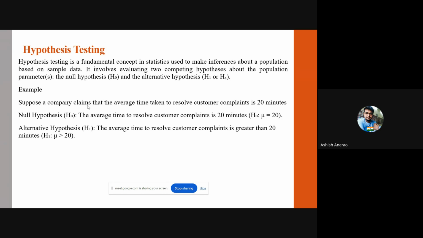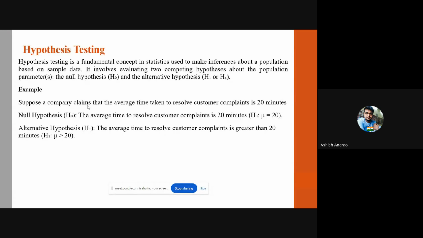So in this problem, what do researchers do first? They collect some samples of people who had complaints and gave them to the company. They ask those people how much time was required to solve their complaints.